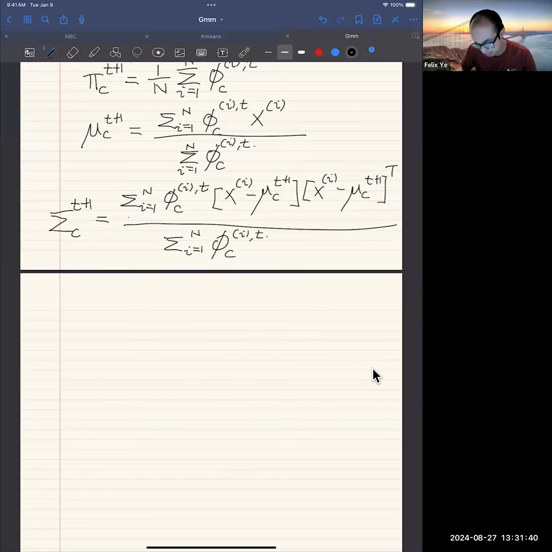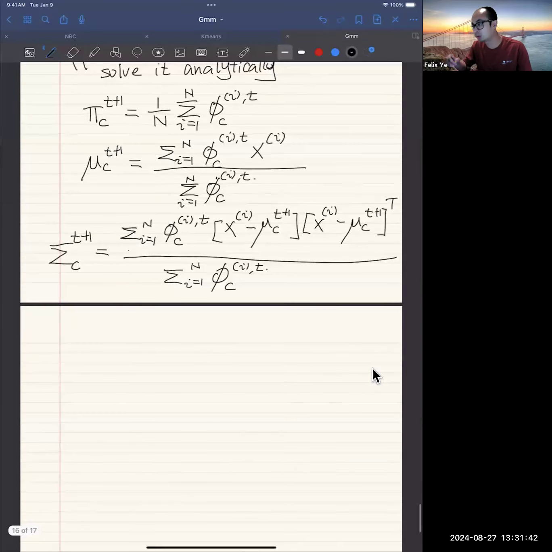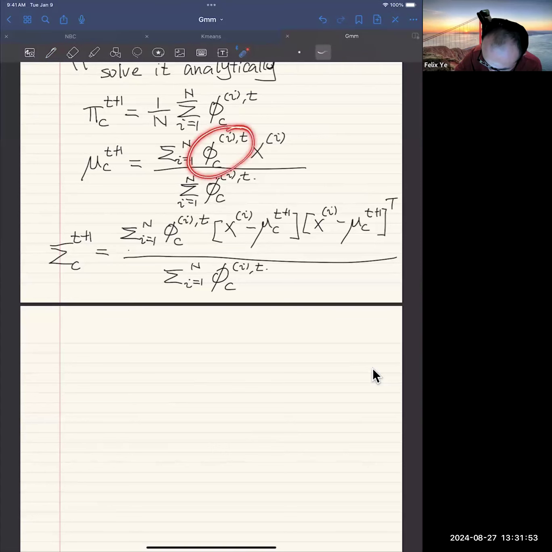Okay, so it's very similar to what we already did for the single multivariate Gaussian distribution. But the difference is that it's not just a simple sample mean and sample covariance. We are getting the weighted mean and the weighted covariances here, and the weight is given by the posterior distributions.